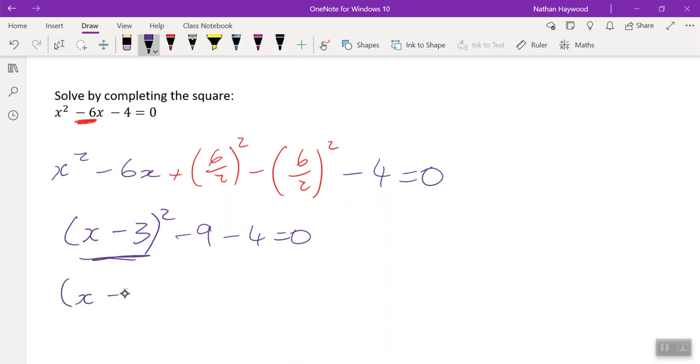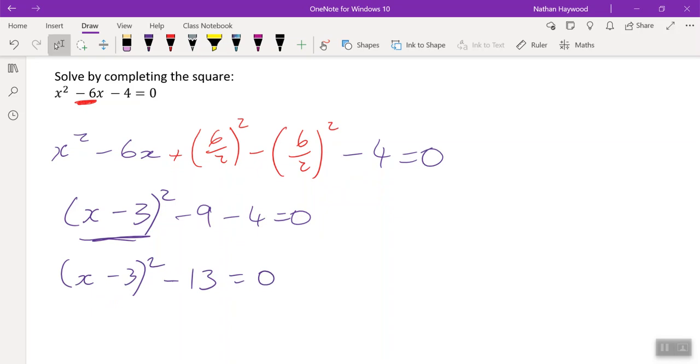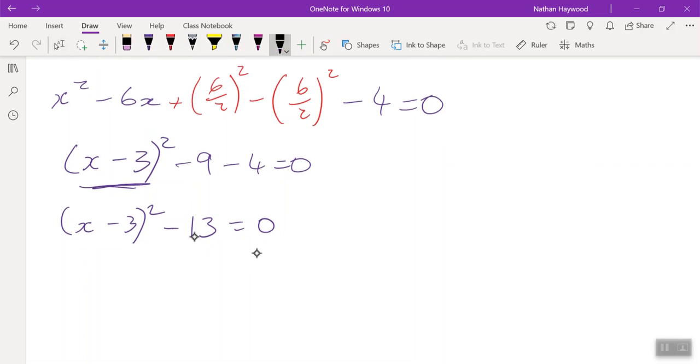So now we have, what's 9 and 4 become? Very good. When we get to this point, you can do it 2 different ways. Because we are solving, we can do it this way. We can bring the 13 over. So plus 13 to both sides.